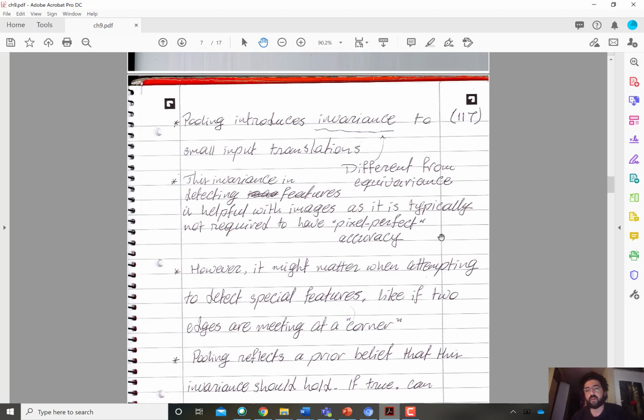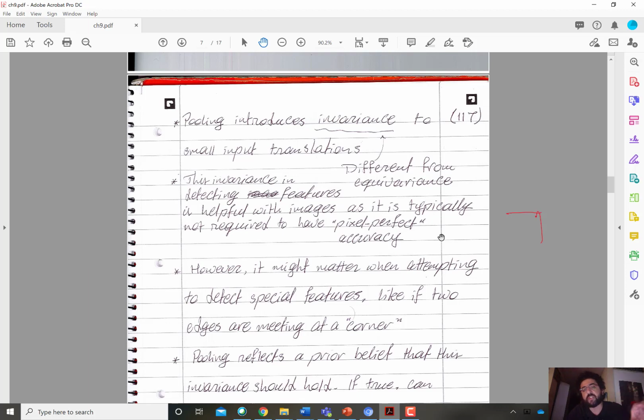Edges are defined by corner points, so this line has to meet the other line at a pixel. Maybe they don't meet exactly because of the resolution, so they shift by 1 or 2 pixels. Then pooling helps us alleviate this and generalize well with these imperfect inputs.